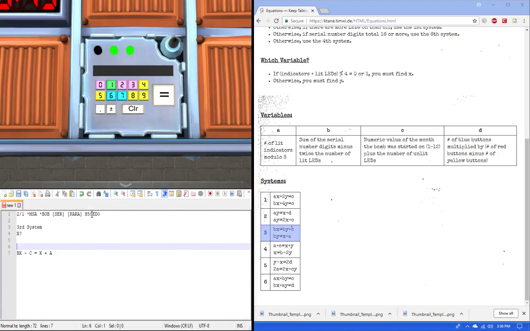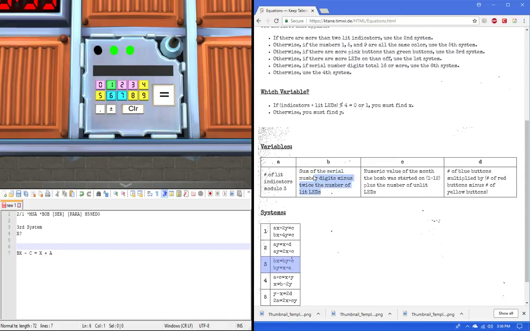Next we have to figure out some of these variables. So b is the sum of the serial number digits minus twice the number of lit LEDs. The sum, let's see, that's 5 plus 9 plus 0, that's 14. 14 minus 2 times our lit LEDs, which is 2. So this is going to be 14 minus 4, which is going to equal 10.